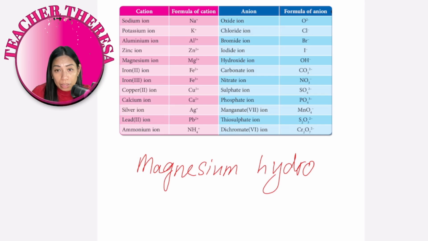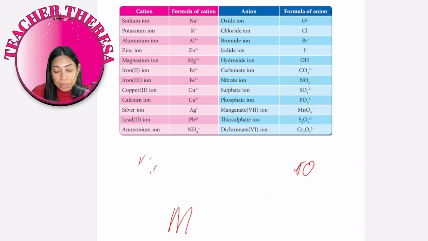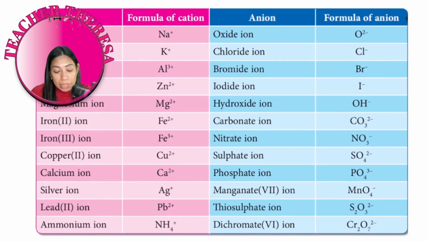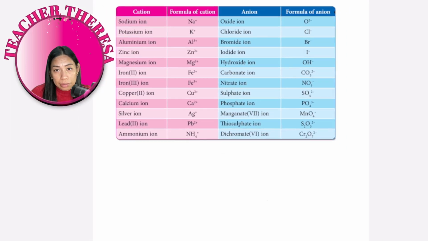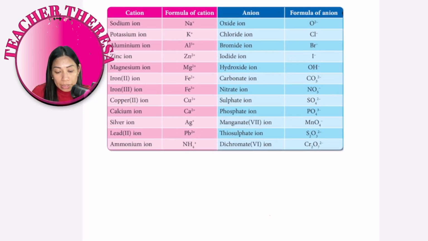We will write the ion formula Mg2 plus. Then we write hydroxide. If you look at the list of ions here, magnesium is Mg2 plus. So for magnesium hydroxide, the way to write is Mg2 plus, then hydroxide OH minus.